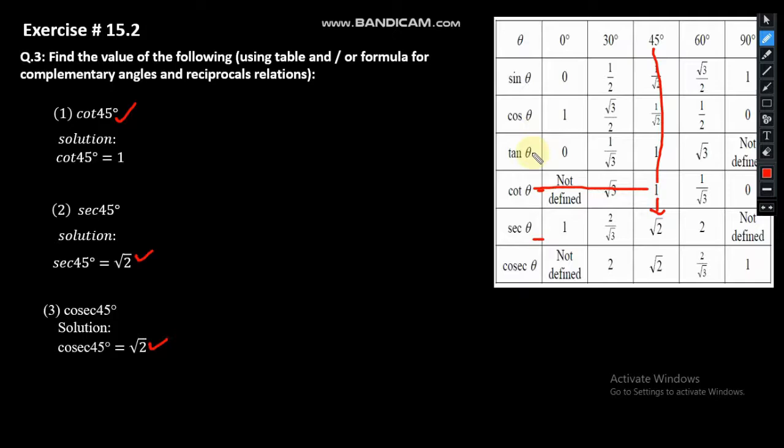Here is cosec theta, which is equal to under root 2 in the column of 45 degree. These are the angles 0 degree, 30 degree, 45 degree, 60 degree and 90 degree. Now next question.